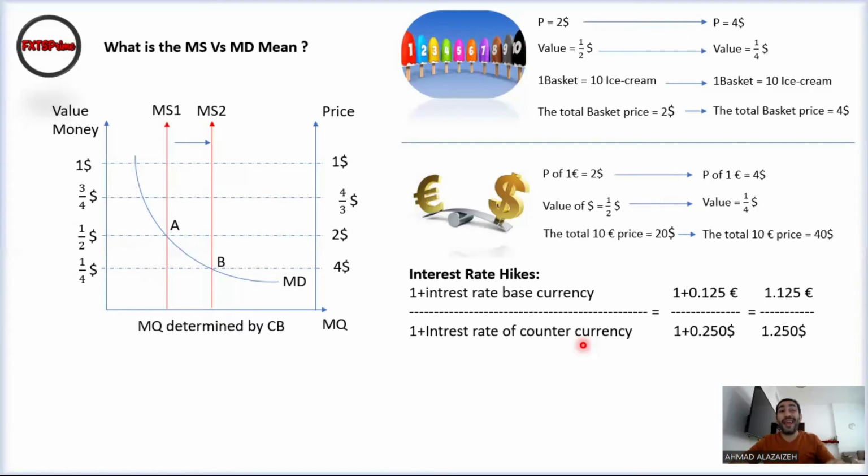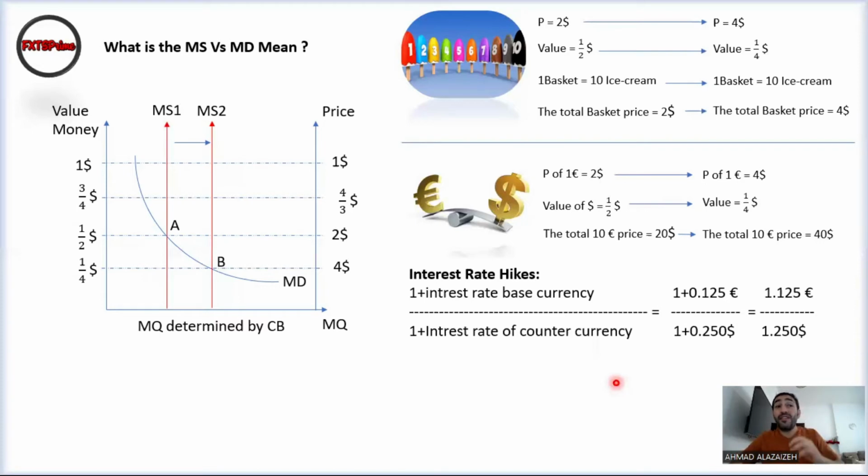So how can we distinguish which currency has more value than the other currency? We can do that with a formula, by dividing the interest rate of the base currency by the interest rate of the counter currency. There is also a formula to measure the change of the value of that money.